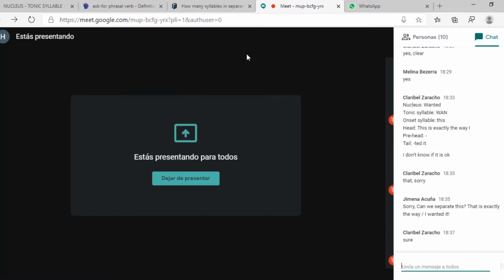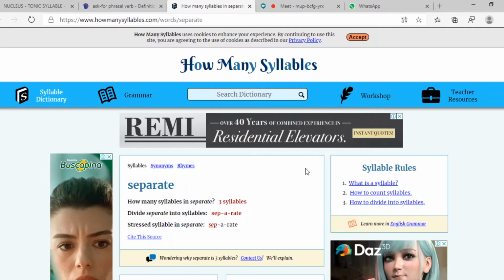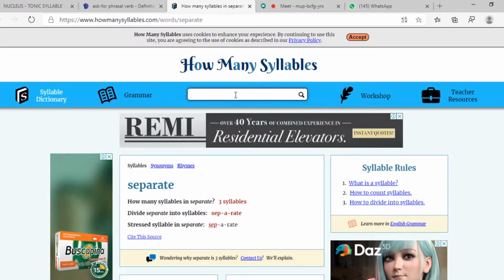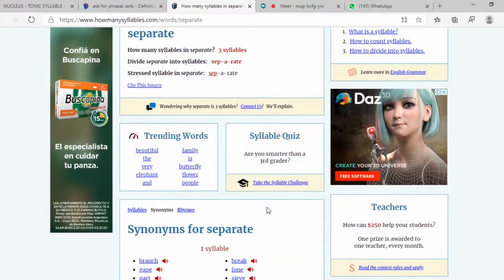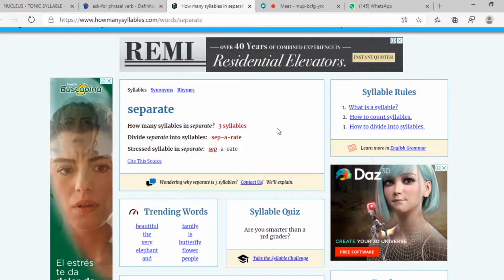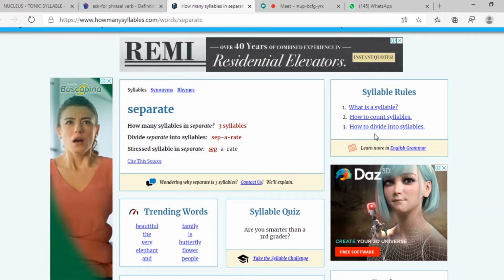You can use how many syllables. This is a dictionary that you can use in order to know how to separate syllables. Here you can search for the words. I'll ask you to study these rules later.